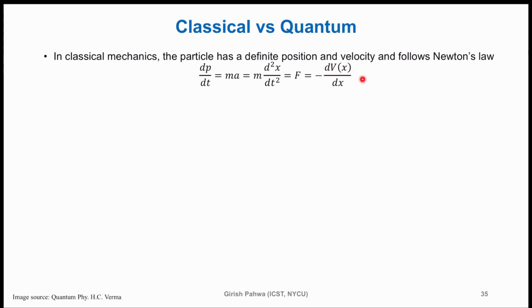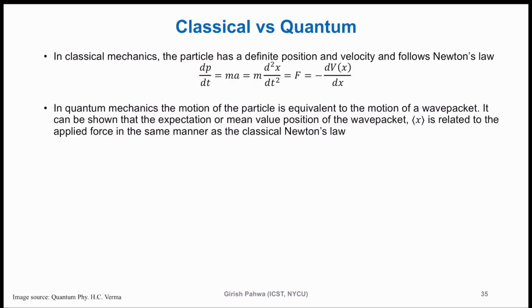Correspondingly, in quantum mechanics, you can apply a similar relationship, but you will have to replace every quantity with its mean value. So they also follow a similar Newton-like law, but you will not talk about the absolute quantities, you will talk about their mean values.